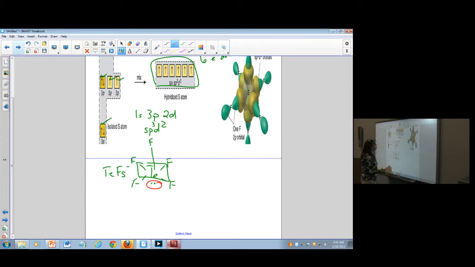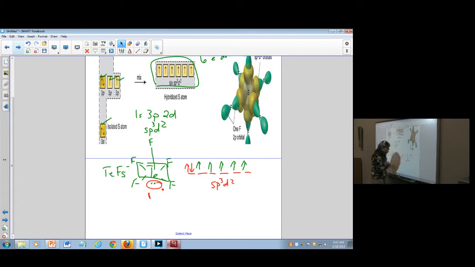When you set up your sp3d2, 1, 2, 3, 4, 5, 6, these are all sp3d2 orbitals. You need to account for this lone set of electrons right here, and then every place where you could have a bond. So in this case, we have 1 lone pair of electrons. We need to account for it in our sp3d2 orbitals.